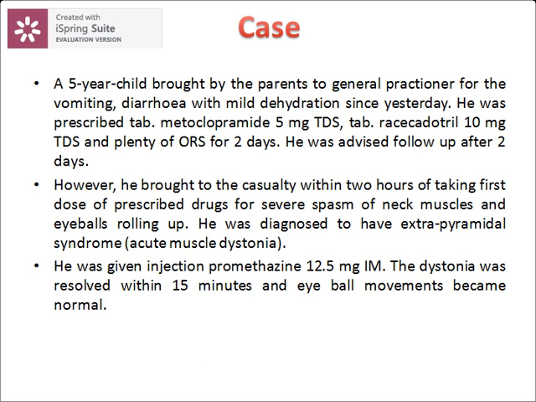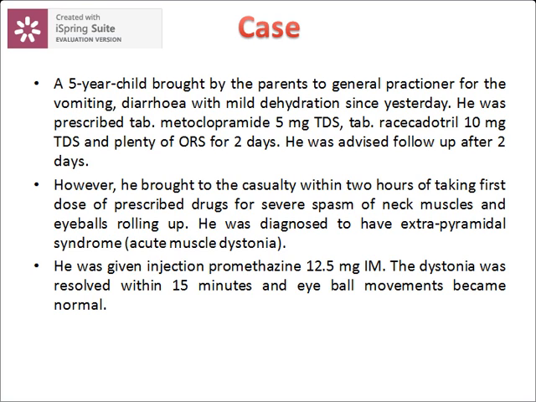A 5-year-old child was brought by the parents to the general practitioner for vomiting and diarrhea with mild dehydration since yesterday. He was prescribed tablet metoclopramide, tablet racecadotril and plenty of ORS for 2 days, and advised follow-up after 2 days.